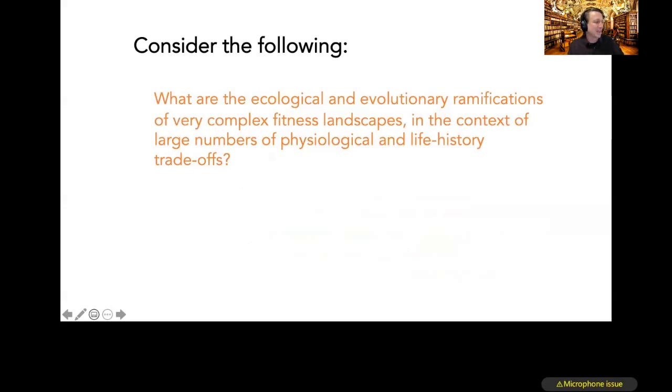All right, so to end up here, I want you to consider the following. What are the ecological and evolutionary ramifications of these very complicated fitness landscapes in the context of the large number of physiological and life history trade-offs?